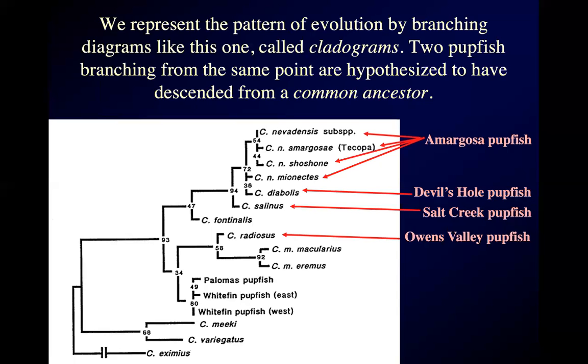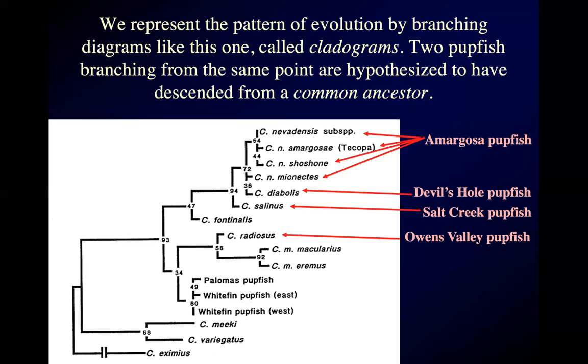Two or more branches that come from the same point are hypothesized to have descended from a common ancestor. And a lot of what we do in evolutionary biology is come up with and test hypotheses like this. This cladogram that you're seeing is one of many possible hypotheses for how all those pupfish share common ancestors.